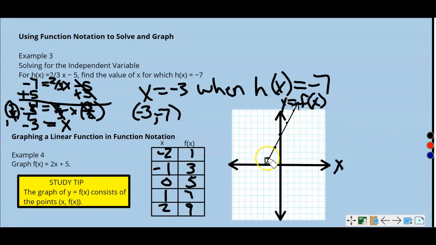It's not perfect, but it should be a straight line through all of those points if I had graphed them in the exact spot. So you would have a linear function that you graphed based on this equation after you generated this table of ordered pairs.